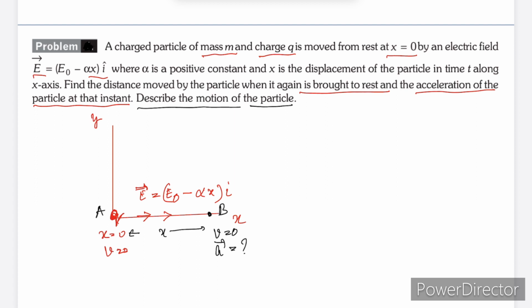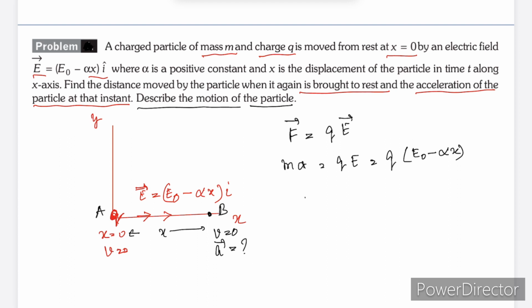As you know, when a charge is there in the electric field, what force acts on it? That is F is equal to qE. And if there is a force, then there will be acceleration. E is given, that is E0 minus alpha x, correct?